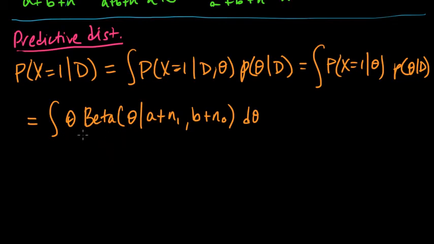This should be very familiar. It's just the expected value of this distribution. That's it. This is a nice fact. This is looking beautiful. This is the expected value of theta given the data, just the expected value of the posterior distribution.